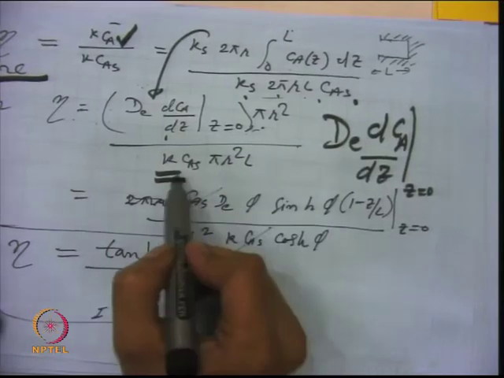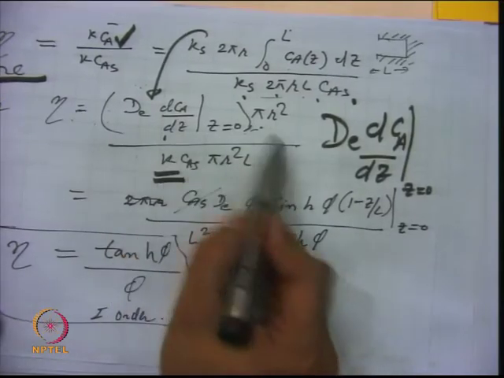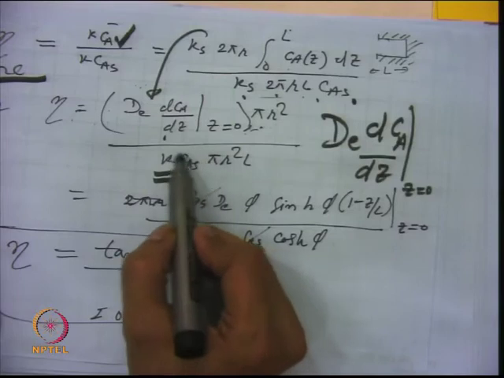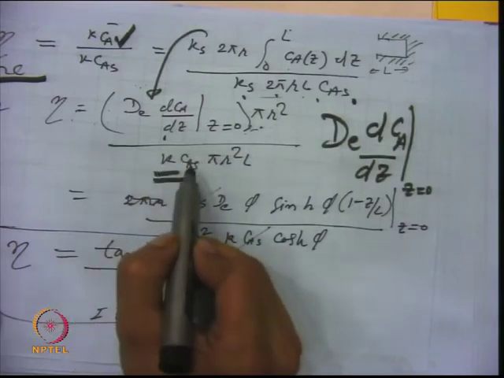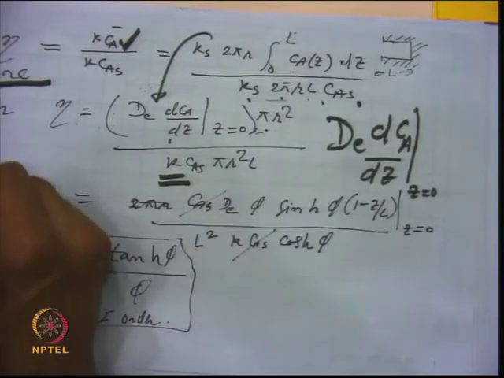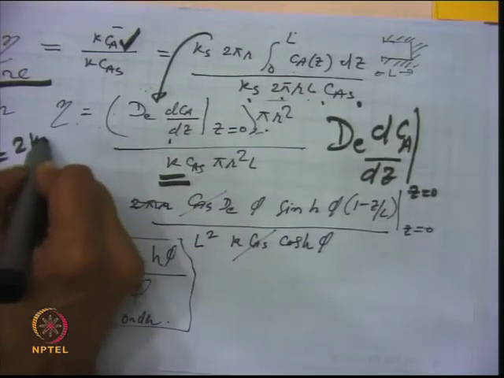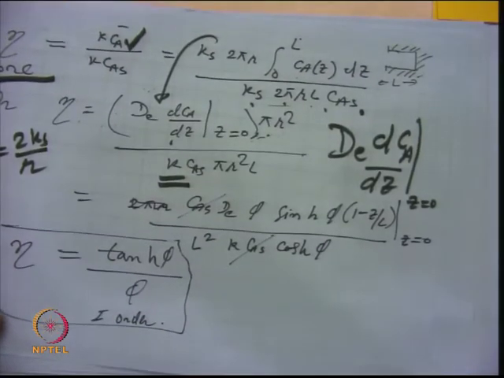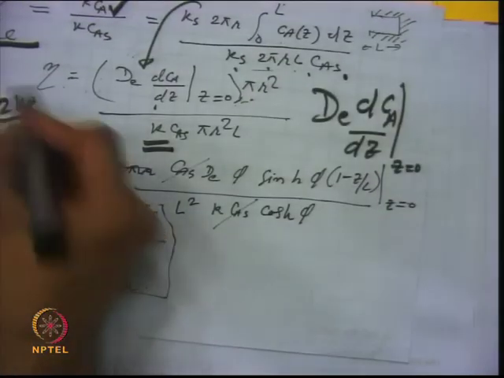So this is pi r square L, the volume of the pore, and the rate constant is based on this volumetric rate constant k. If you define it based on surface area, it will become Ks Cs times 2 pi r L. I have already told you that k volume is 2 times Ks upon r in the last lecture, so accordingly you can write the expression.